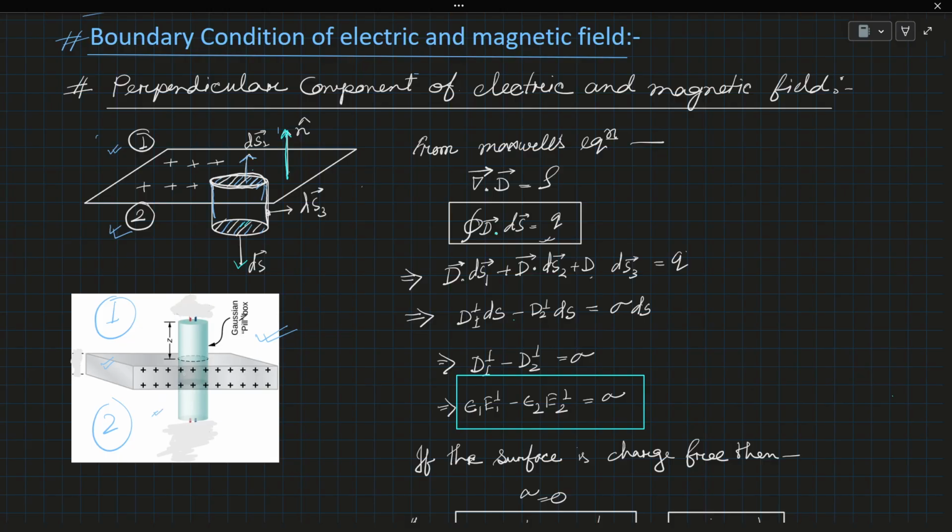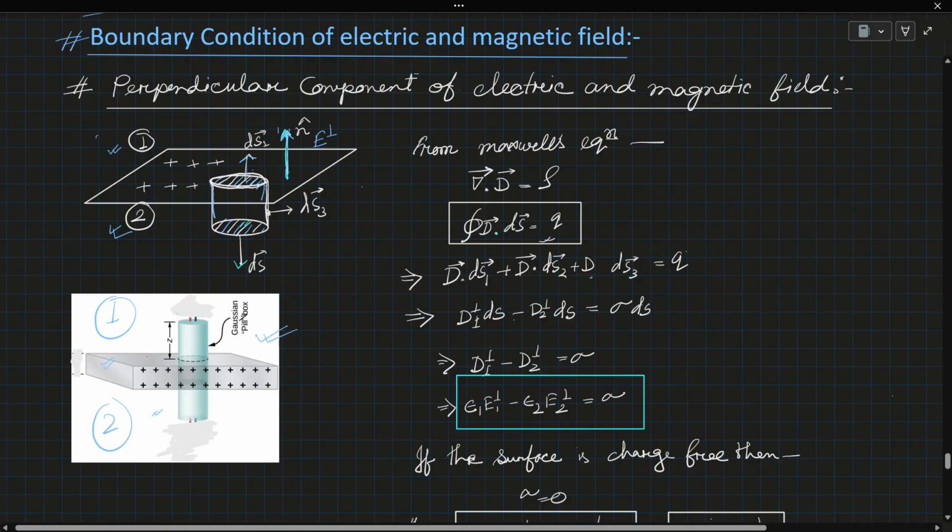Since I am going to discuss the perpendicular component here, I have considered the electric field in this direction, that means in the perpendicular direction. So this is E perpendicular. Let me change the color.